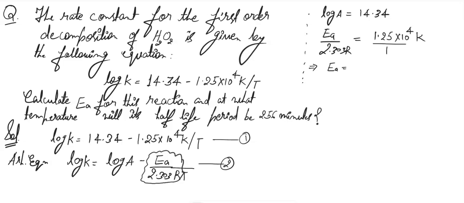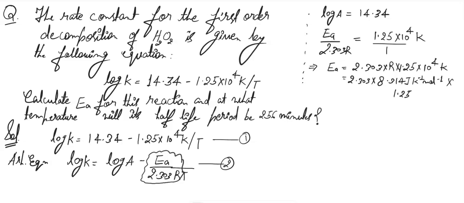So this will be your EA equals 2.303 multiplied by R multiplied by 1.25 × 10^4 K. Now put the value of R: 2.303 × 8.314 joule per Kelvin per mole multiplied by 1.25 × 10^4 K. The Kelvin and per Kelvin cancel out.